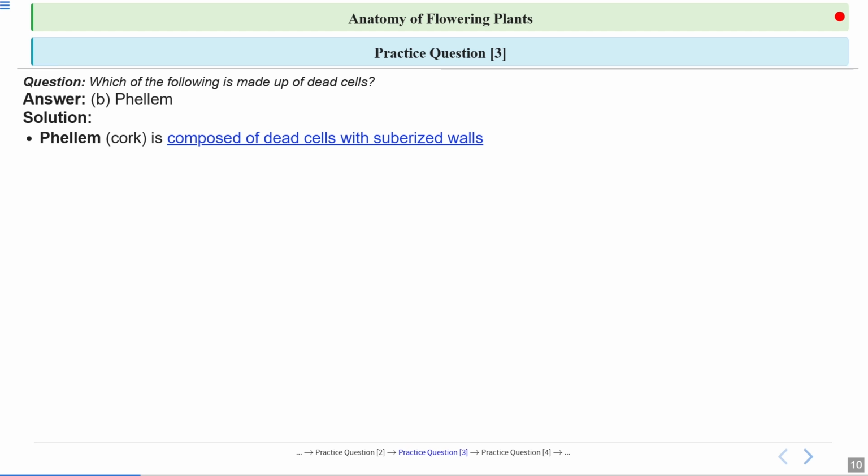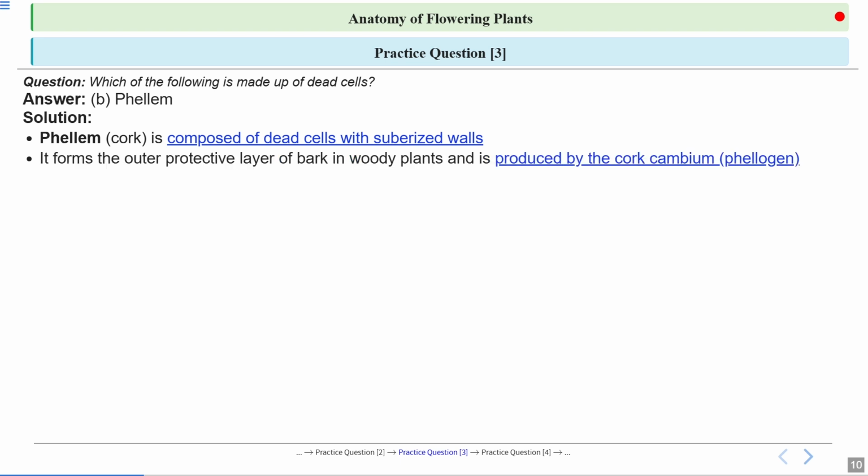Phellem is also called cork. Another name of phellem is cork, and it is composed of dead cells with suberized walls. The walls get suberized and the cells are comparatively dead. So it forms the outer protecting layer of the bark in woody plants, and it is produced by the cork cambium, which is called phellogen, right?